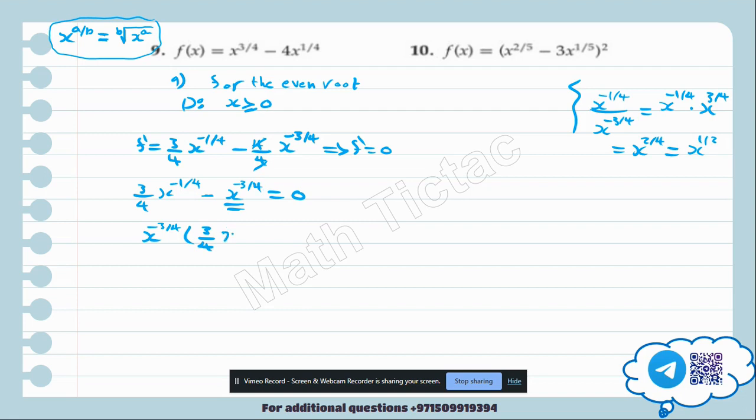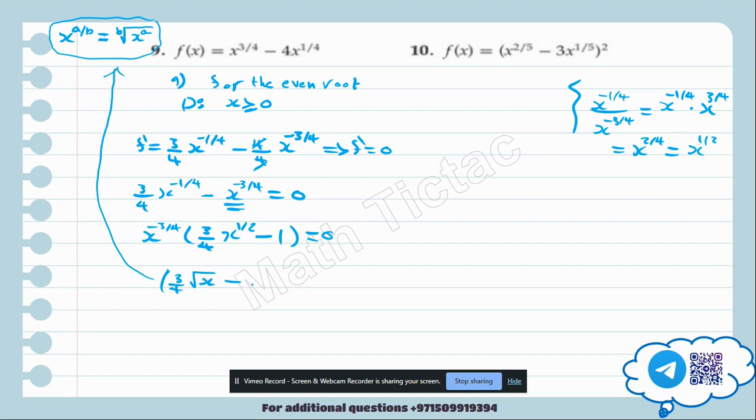So this is going to be x to the power 1 over 2 minus 1 equals 0. So let's just write it again. So it will be 3 over 4 multiplied by the square root of x, as we mentioned before in this rule.